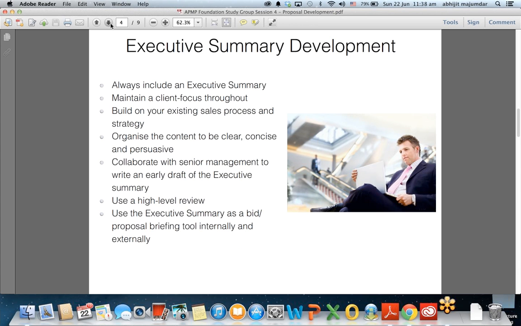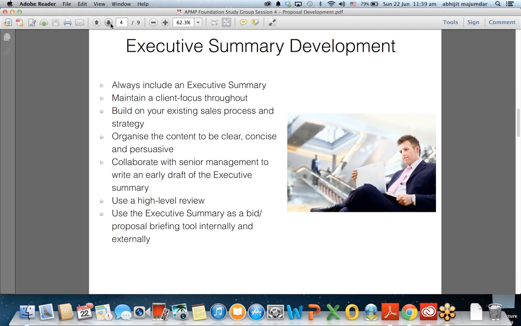So it is always very important to maintain the client focus in the executive summary. Everything else about yourself can be support to it, but the primary focus has to be on the client side. And as we said in the proposal strategy, where do you stand in the sales process, and how connected are you with the customer?